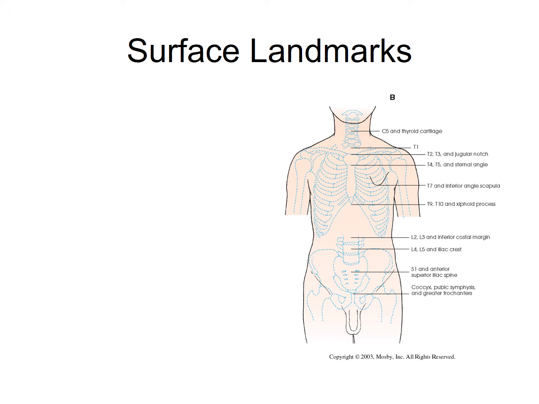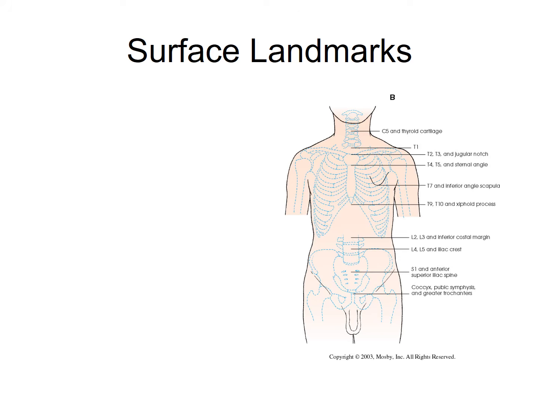So when we look at this, we can see that your Adam's apple, which is called your thyroid cartilage, would be at the level of your 5th cervical vertebra. So I want to point out at this point in time, and you should know this, there are 7 cervical vertebrae, and the first one is up by the base of your skull, and then we count down.